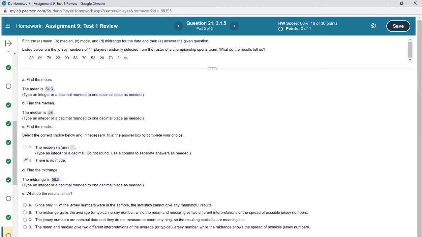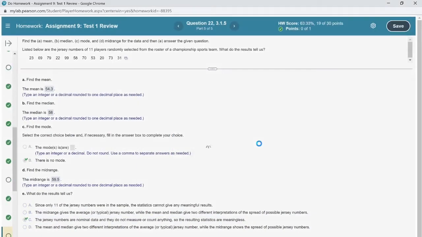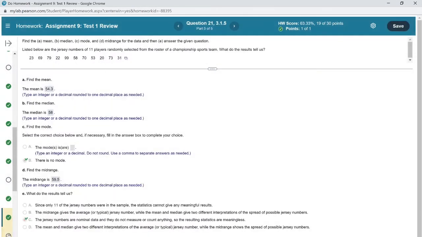Since only 11 of the Jersey numbers were in the sample, the statistics cannot give any meaningful result. No, that's not right. The Jersey numbers are nominal data and they do not measure or count anything. This is the right option. Sometimes we might find our statistics, but sometimes based on the data, they might not be so meaningful. So that is the case here with these Jersey numbers.